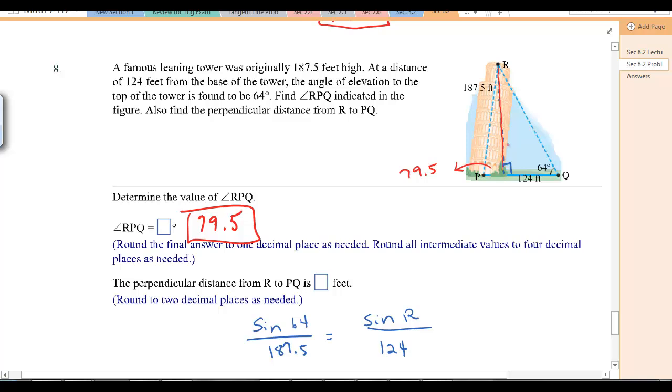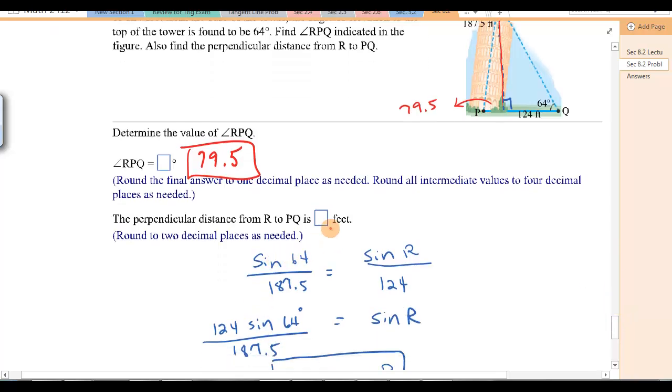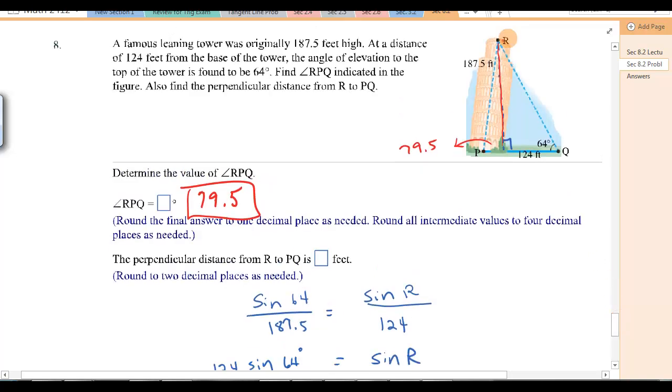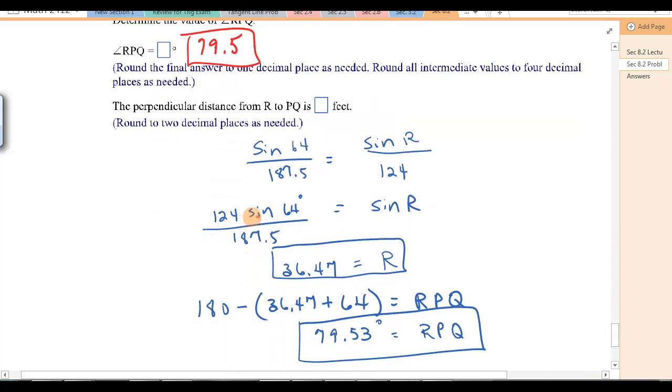To find the angle, we can do sine of 64 over 187.5 is equal to sine of R, remember this is up here, over 124. So that's going to give us that angle. You do your cross multiplying, and you end up with sine of R is equal to this business.